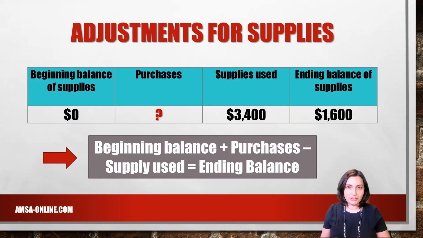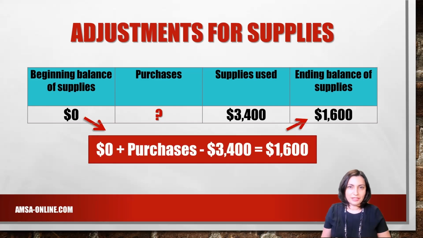The beginning balance of supplies on hand plus the purchases made during the period minus supplies used during the year equals the ending balance of supplies. In this case, supplies expense, which is $3,400, is the amount of supplies used during the year. Since it is the first year of operations, there is no beginning balance of supplies.